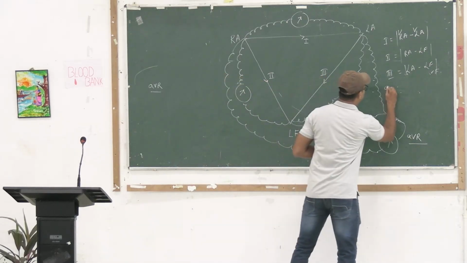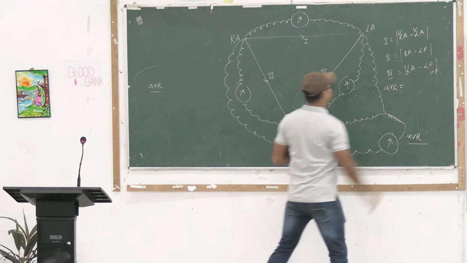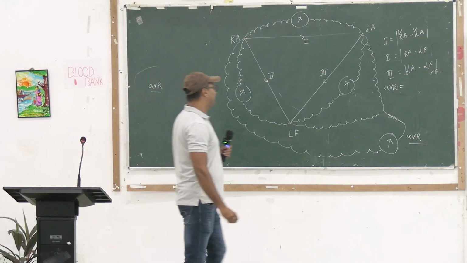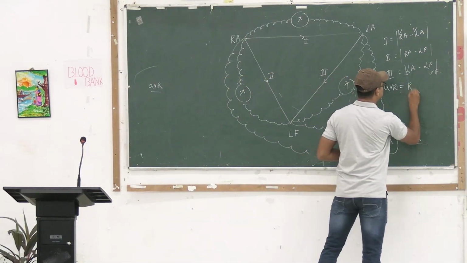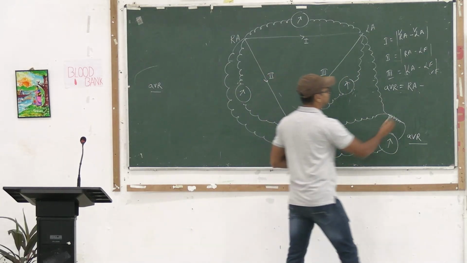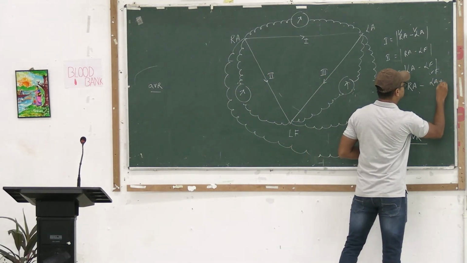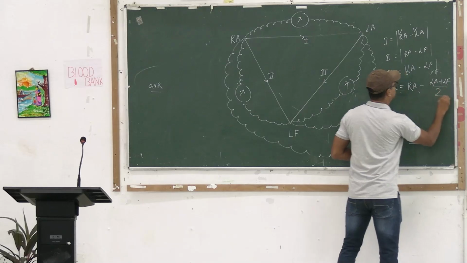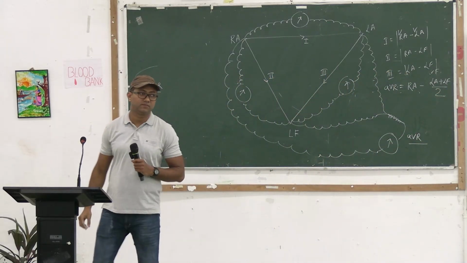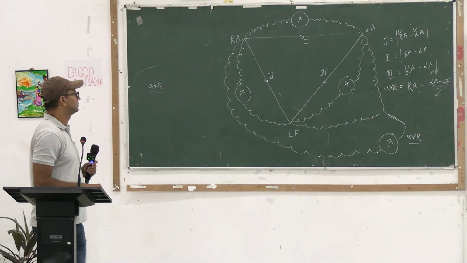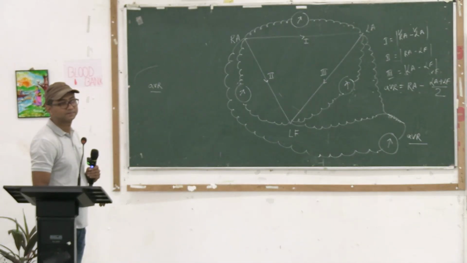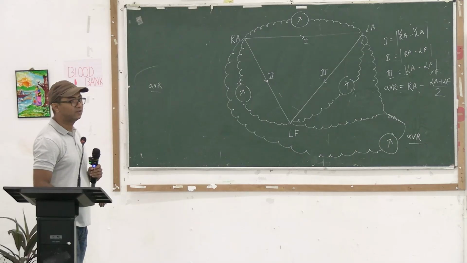So AVR equal to RA minus the common terminal of LA and LF. Getting or not?